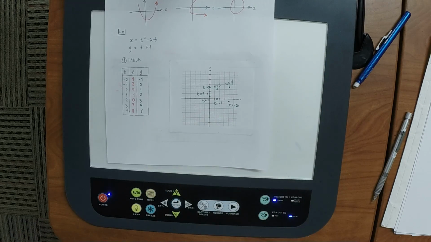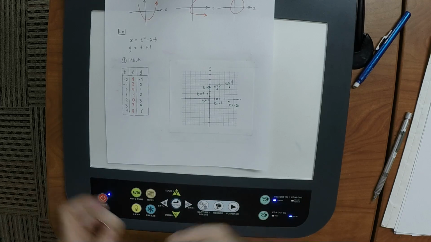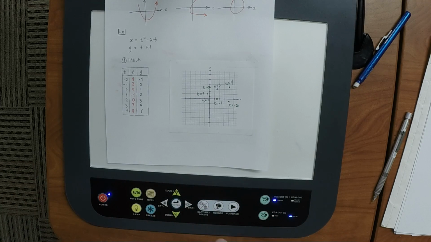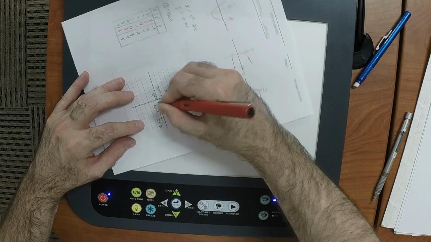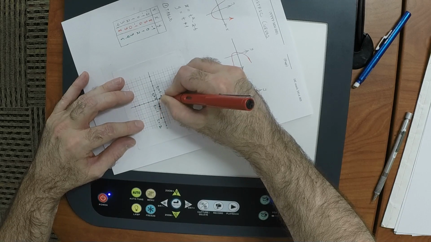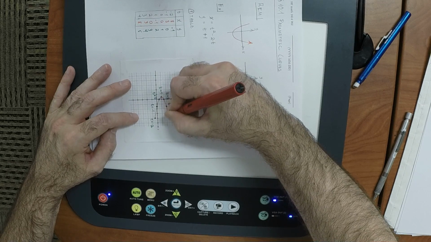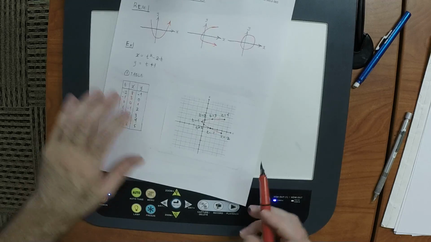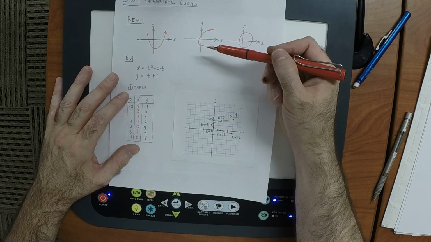Now, if instead of plotting just those points we were to plot lots and lots of points, or if you like, just connect the dots, it would look like this. And of course that might remind you of that sketch right there.